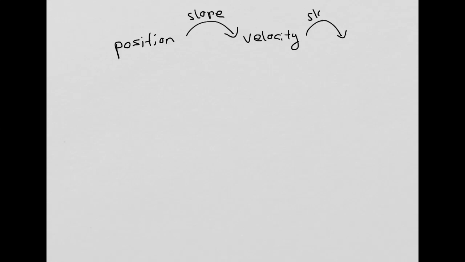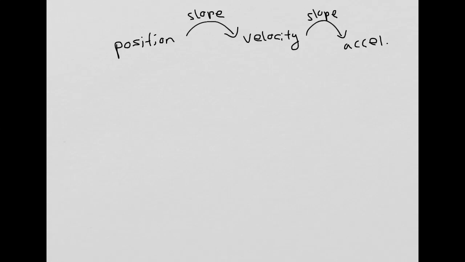So in closing, let's just talk about some of the relationships we learned. So we've learned that if I take the slope of the position function, I get velocity. Okay, then if I take the slope of velocity, I get acceleration.